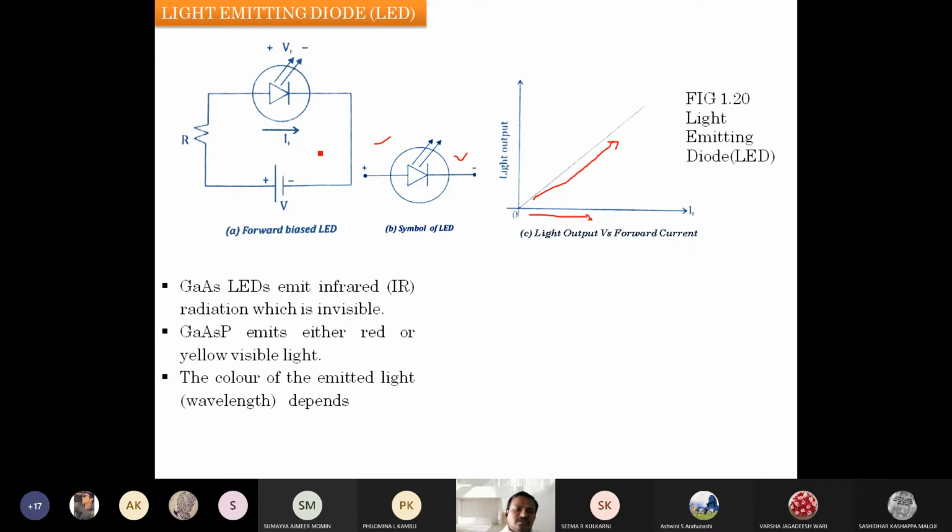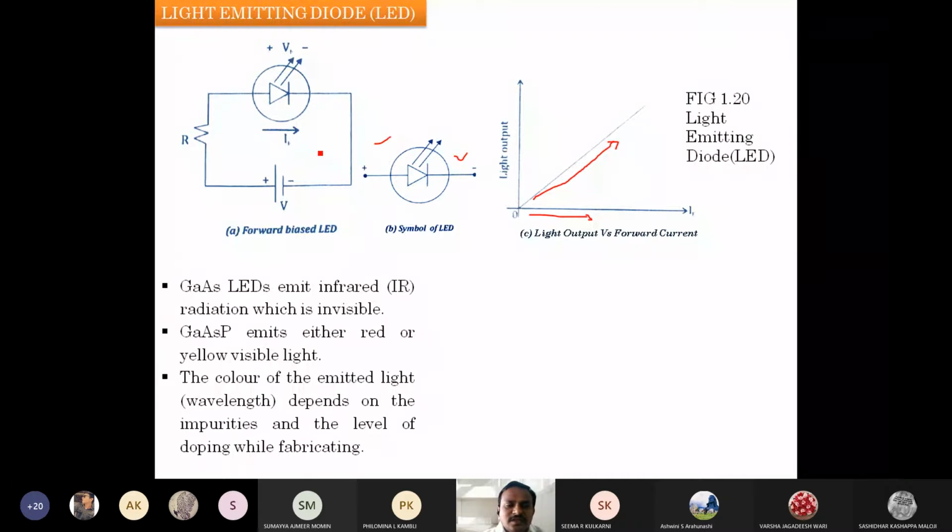In the market we observe different colored LEDs producing different colored lights. Some LEDs are red, orange, blue, or green. This variation is due to which material is used to design that LED.